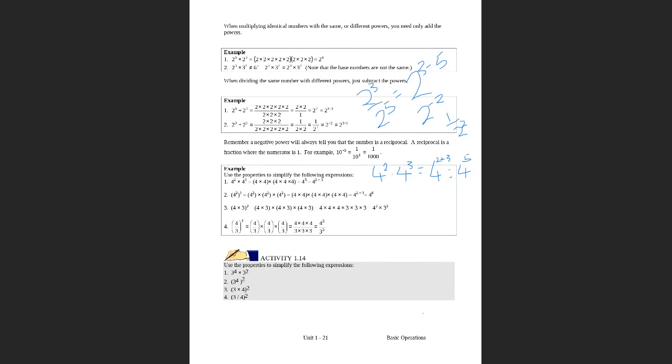Then here we have 4 exponent 2, all exponent 3. Because the bracket means multiplication, the two exponents will multiply. We have 4 exponent 2 times 3, which is 4 exponent 6.